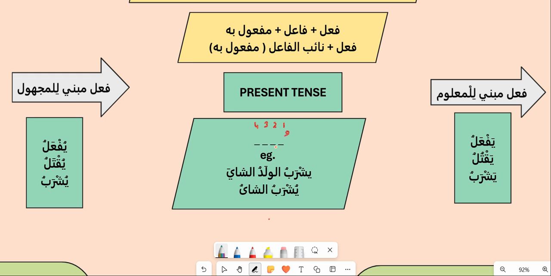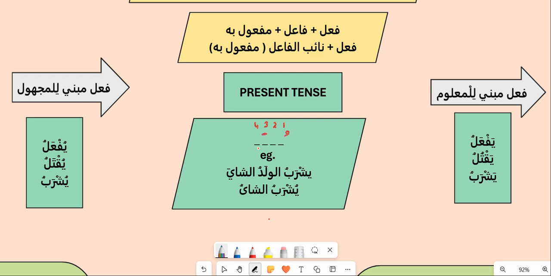Leave the second. What is the second last letter? Count from the last. Second last letter, we land up on the third letter. So don't count from 1, 2, 3, but always second last. The change of haraka happens on the second last letter. What is the third letter? The ain. So it will always have a fatha.